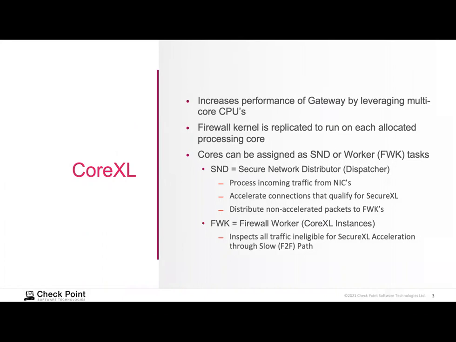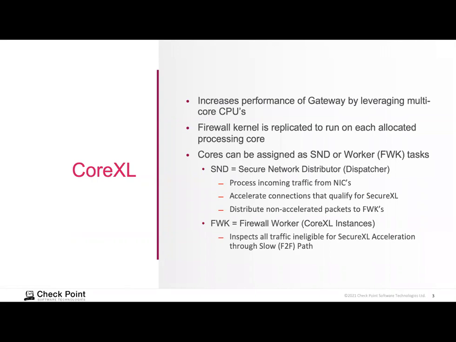CoreXL is the Check Point mechanism that allows our gateways to leverage multi-core CPUs. We do that by replicating a copy of the firewall kernel on each core, and we can assign these cores two different types of tasks.